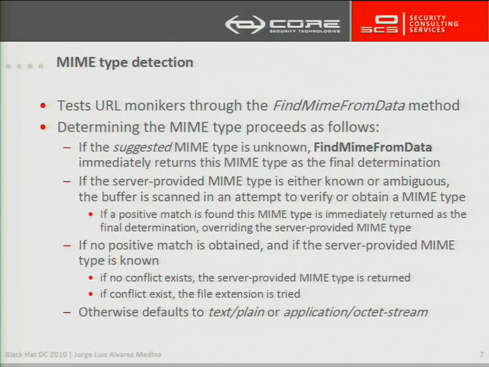In the case that the MIME type is either unknown or ambiguous, the buffer will be scanned anyway, because the browser will not trust directly the server-supplied content type. And if there is a coincidence between the content type that the server supplied and the content type the FindMimeFromData function has found, the browser will take action according to that content type.